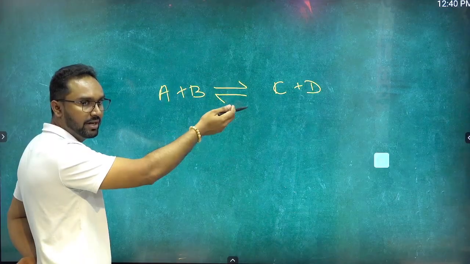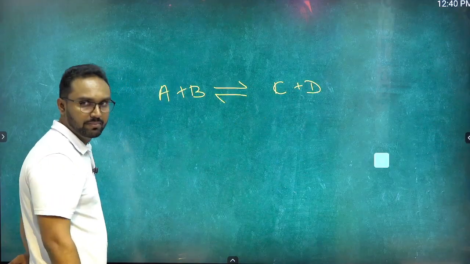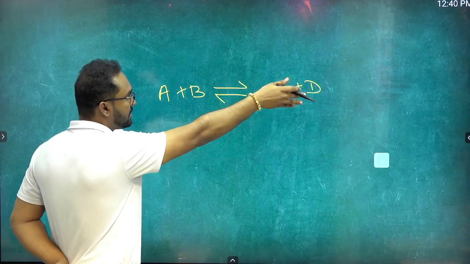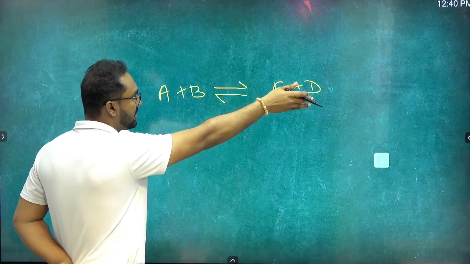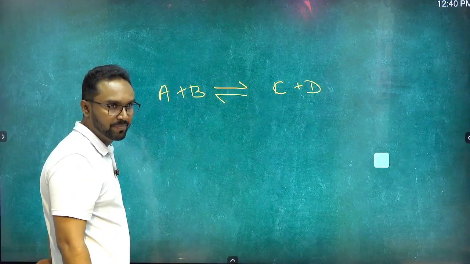So there are forward and backward reactions, and these two are in an equilibrium, which means A plus B converting into C plus D happens, and C plus D converting into A plus B happens, but these two are in an equilibrium.